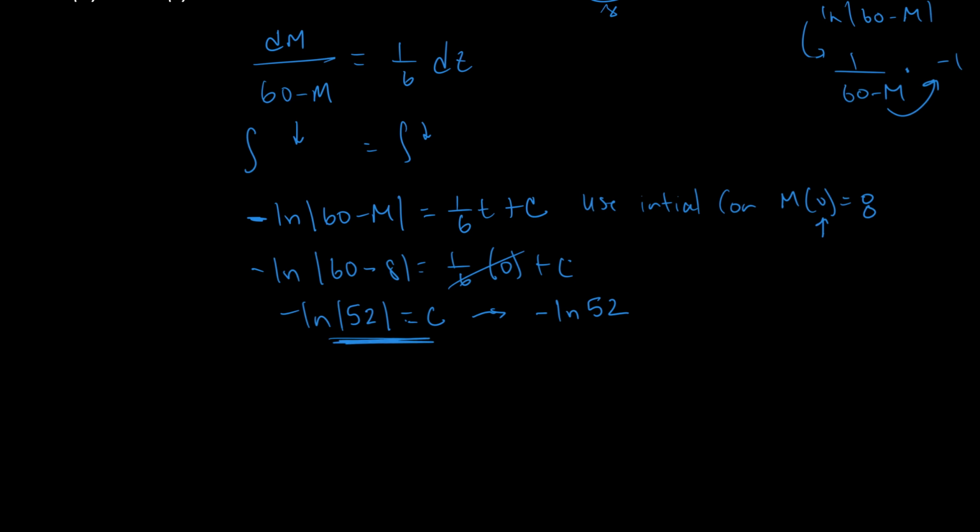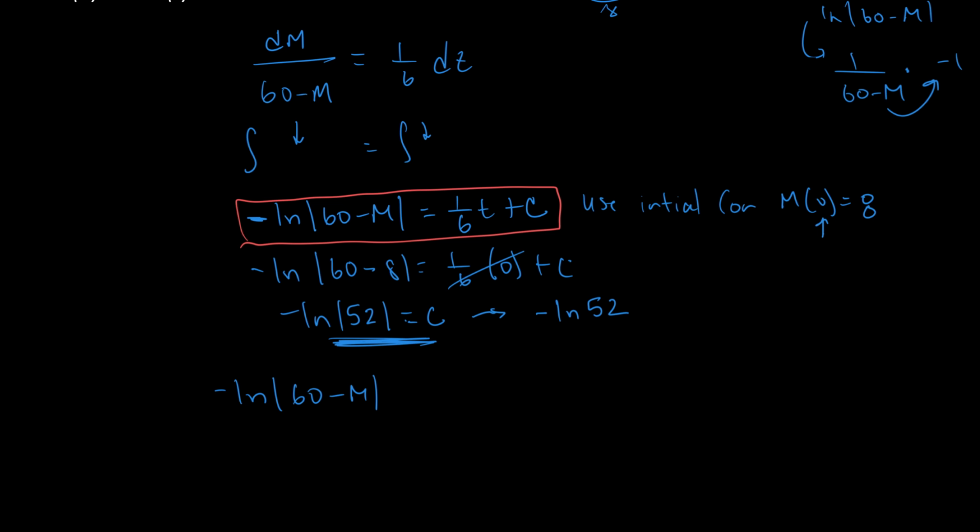Now plugging it back in. This is our constant, and we want to plug it back into this equation that we got right here to be able to find a solution. So now I end up with negative ln of the absolute value of 60 minus m equals 1/6 t minus ln 52.